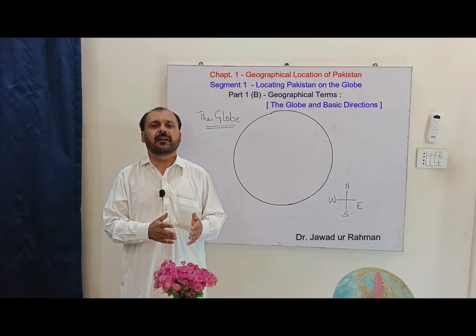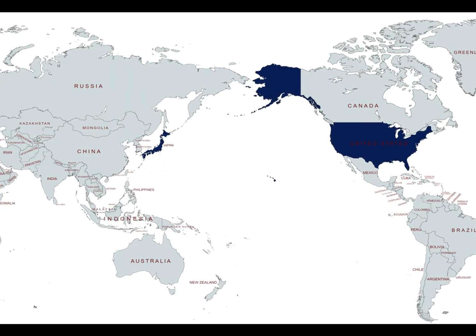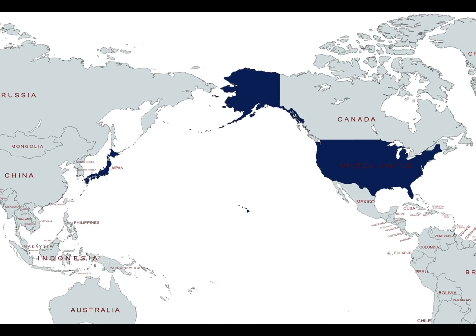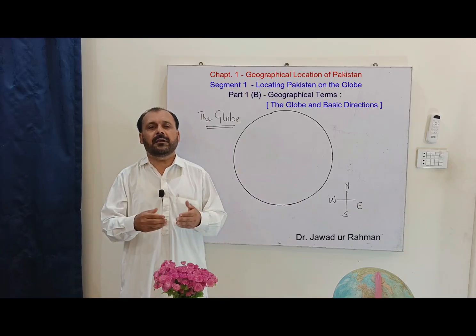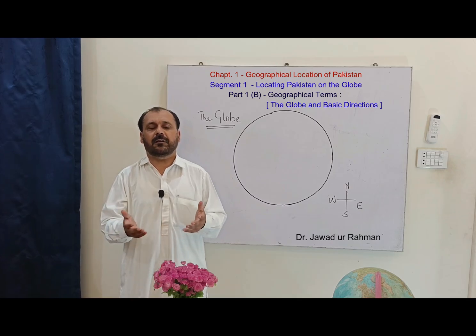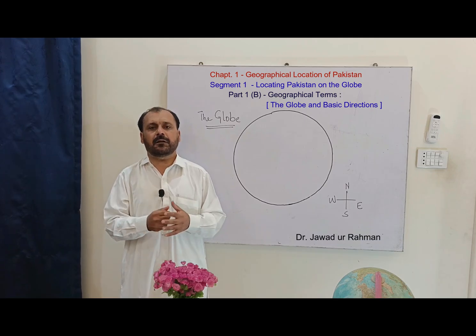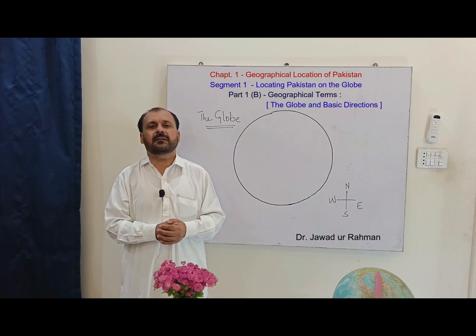Because of the left-right edges of the map, these two countries may appear much farther apart than their actual geographical relationship suggests. When we look at the globe, we can rotate it and more easily understand their geographical proximity. This is one of the advantages of the globe. It allows us to visualize the Earth's spherical surface and the relative positions of places more naturally.